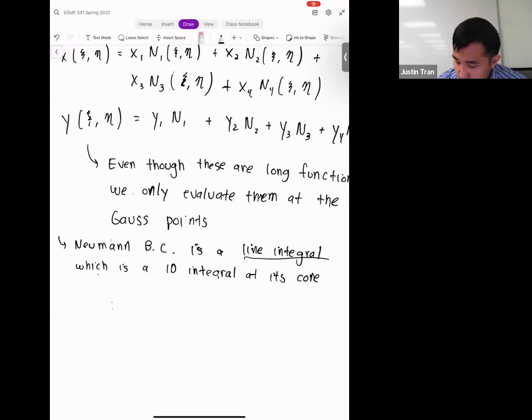A line integral is nothing worse than just a 1D integral. Especially because we're going to be evaluating it with Gauss quadrature, we don't have to do anything special in terms of the curve functions or any of that.